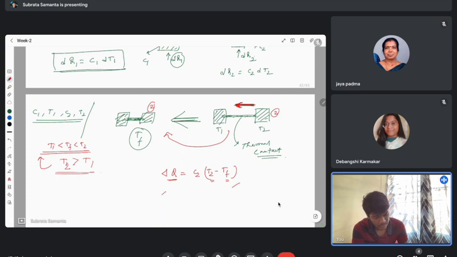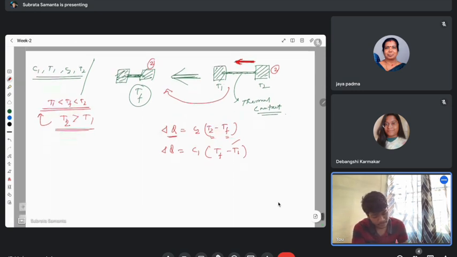So the amount of heat added to the system, dq, is C1 (TF minus T1), or you can write this as T1 minus TF. We do not know, but we put a negative sign here.